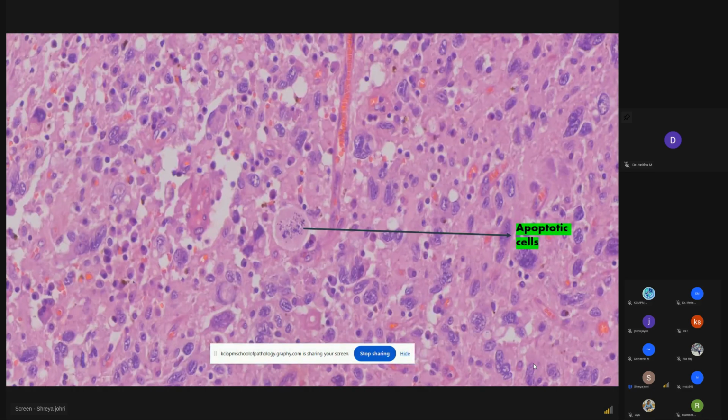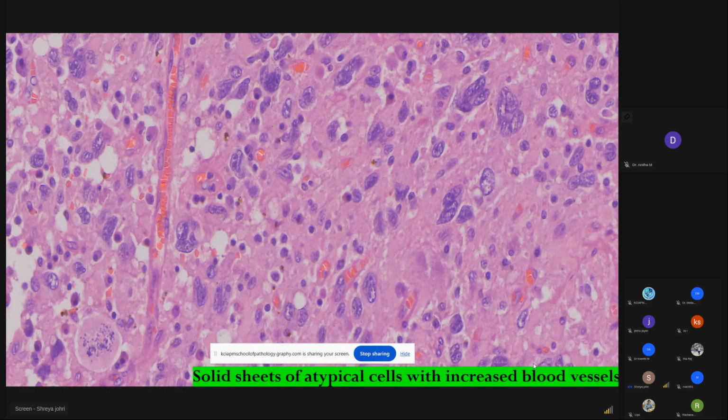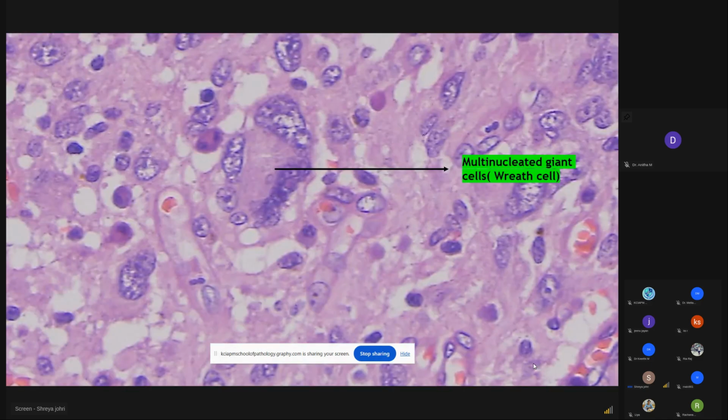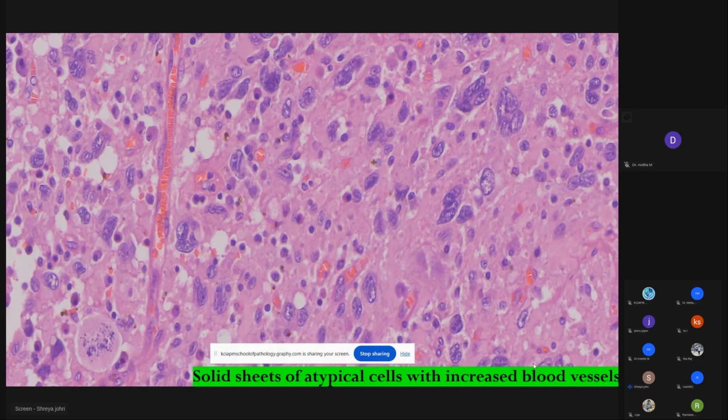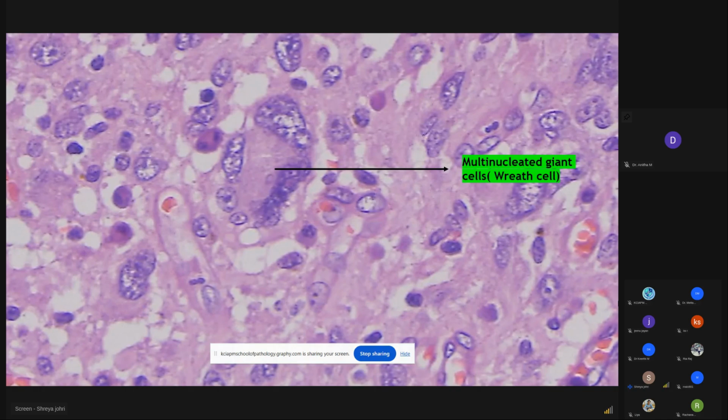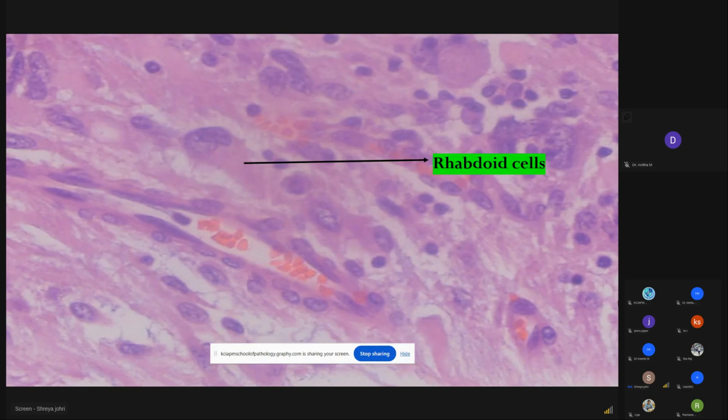In this slide, we can see the apoptotic cells. In the next slide, we can see solid sheets of atypical cells with increased blood vessels. In the next magnification, we can see multinucleated giant cells. In the next slide, we can see the rhabdoid cells.